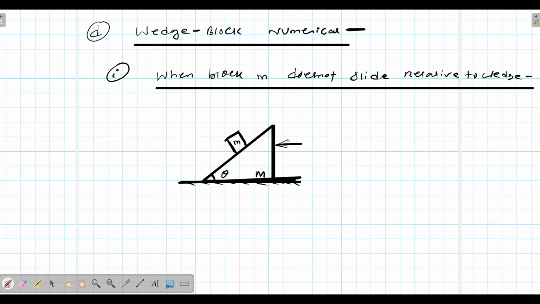As F is the force applied, every action has an equal and opposite reaction. Weight is mg.